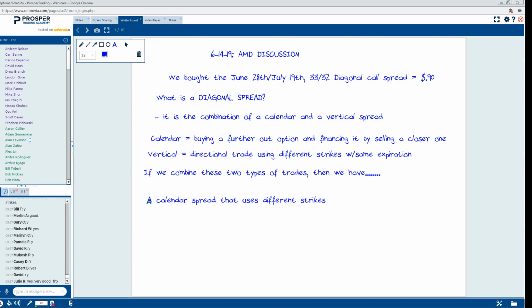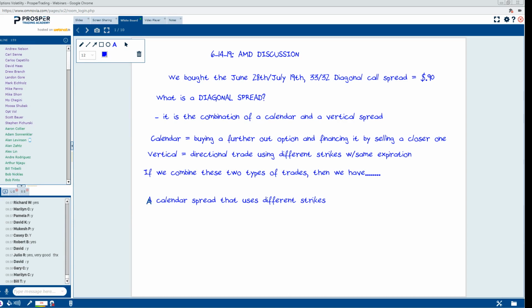Okay, this is almost like a mathematical equation. Step 1 plus step 2 gets us to step 3. Okay, does this make sense? Okay, so that is the nuts and bolts of what a diagonal spread is.